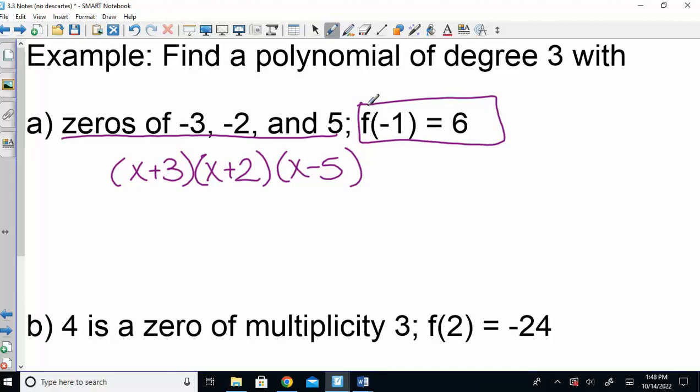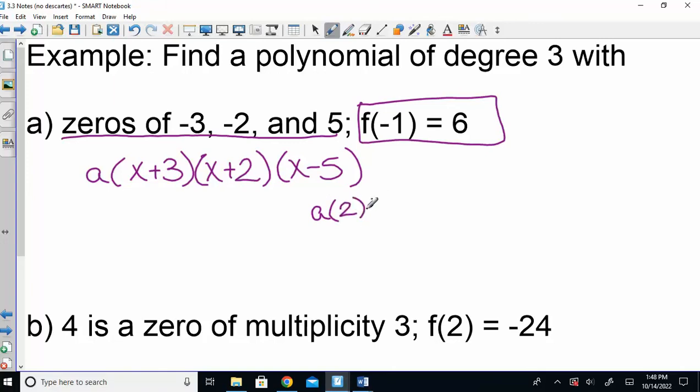Here's my other requirement. What does that tell me? Right, when I plug in -1, I have to get 6 out. Now I can't have any other zeros, but what I could have is a number out in front. This could all be times 2 or 3 or something like that. So, let's figure out what this number has to be.